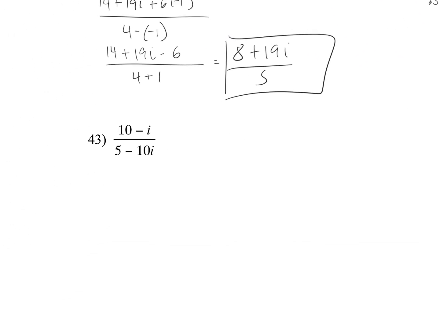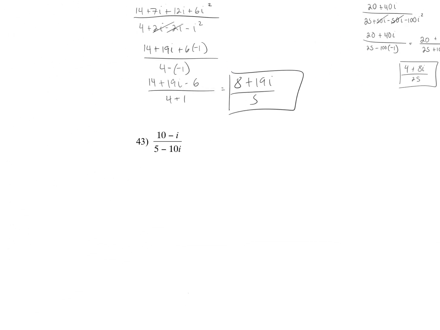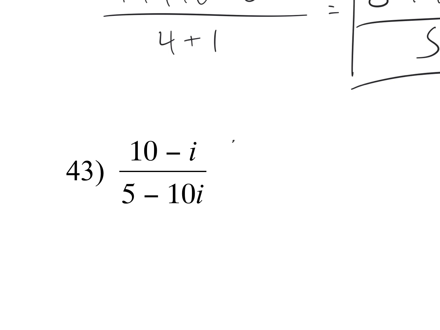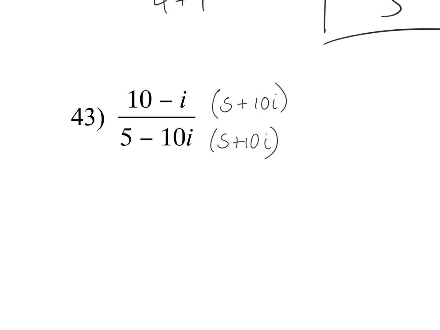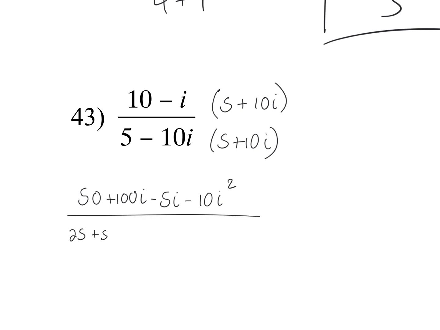Now for 43, last but not least, we're going to do the same thing, 5 plus 10i. And I'm going to distribute, FOIL the top, so it's going to be 50 plus 100i minus 5i minus 10i squared. All of that over 25 plus 50i minus 50i minus 100i squared.